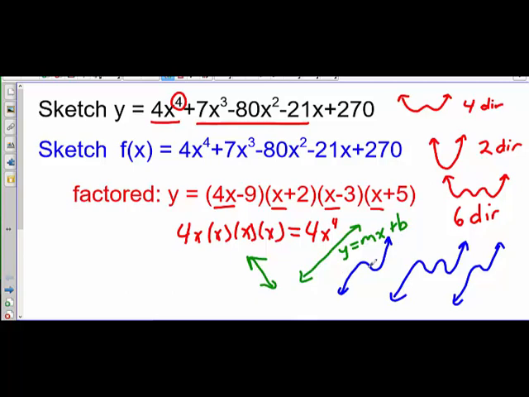If it's negative, it's going to be decreasing from left to right, as was the case, again, way back in grade 9, with something like negative 3x plus 7, which would be a decreasing slope from the start. That doesn't change now. Even if I've got a 3rd power, a 5th power, the leading coefficient being negative would get my graph to decrease left to right.